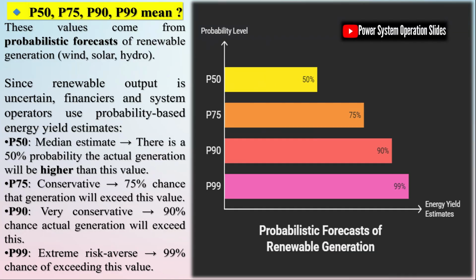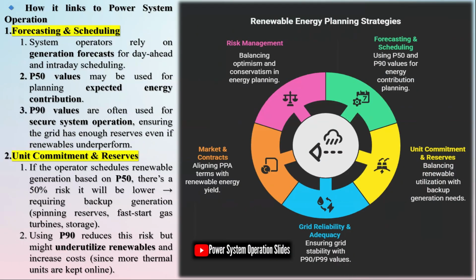In power system operations, probabilistic values like P50 and P90 directly influence day-ahead scheduling, reserve planning, and real-time balancing. For instance, when operators commit generating units a day in advance, they need a reliable estimate of renewable output. If they schedule based on P50 values, the system is optimized for cost but carries a higher operational risk since there is a 50% chance renewables will generate less than forecasted.